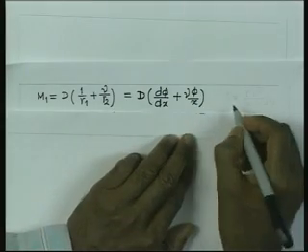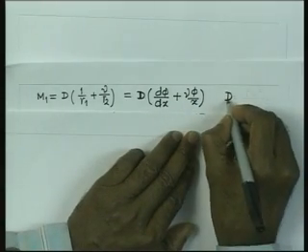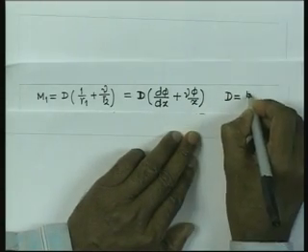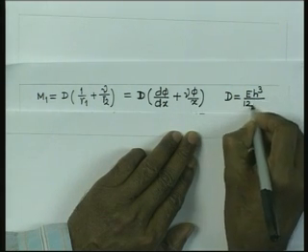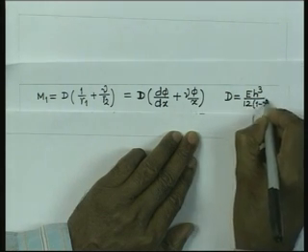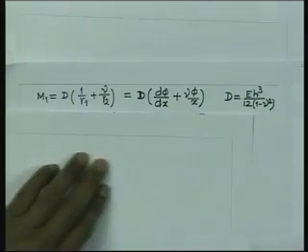Nu is nothing but Poisson's ratio, and therefore, this D is equal to Eh cube by 12 into 1 minus nu square.